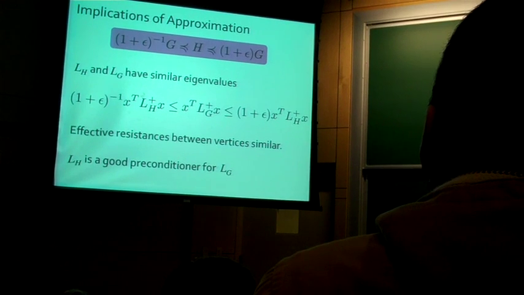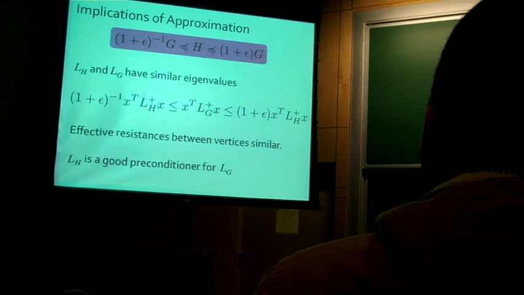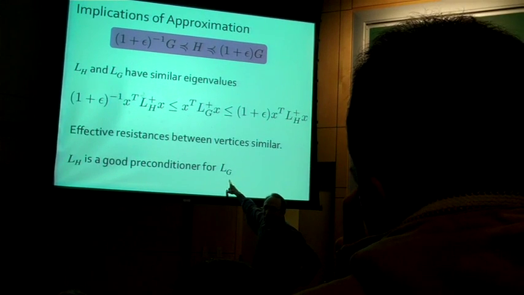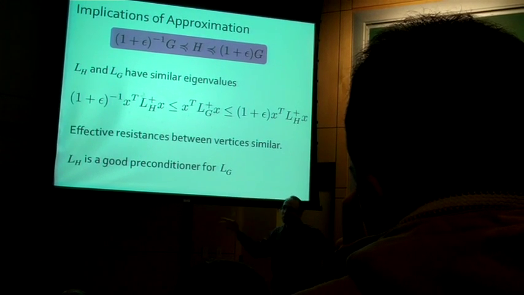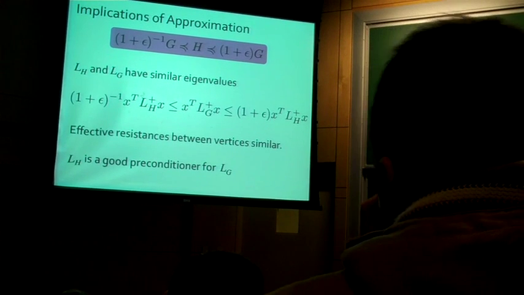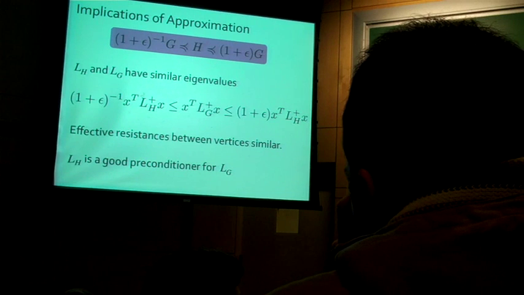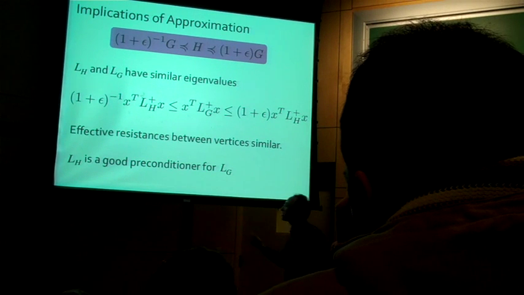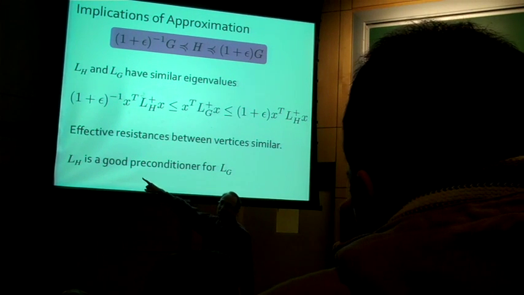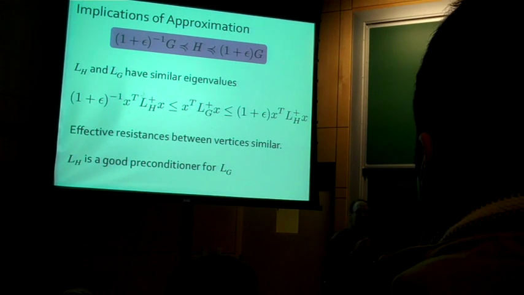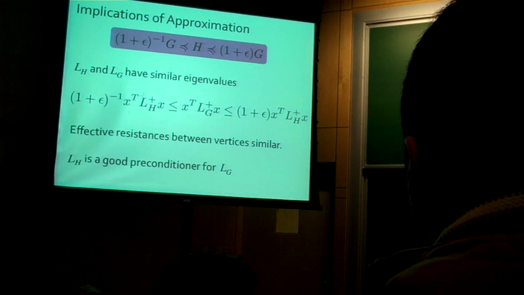Our real motivation for doing this work was this tells us that the Laplacian of H is a good preconditioner for the Laplacian of G. This is a concept that comes up in numerical linear algebra. And it tells you that if you want to solve systems of linear equations in G, it suffices to solve systems of linear equations in H. And you can get as good solutions as you want to the systems in G. Hopefully H is something for which it's easier to solve linear equations in.